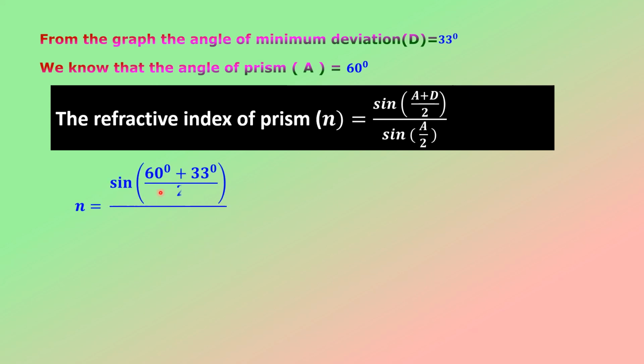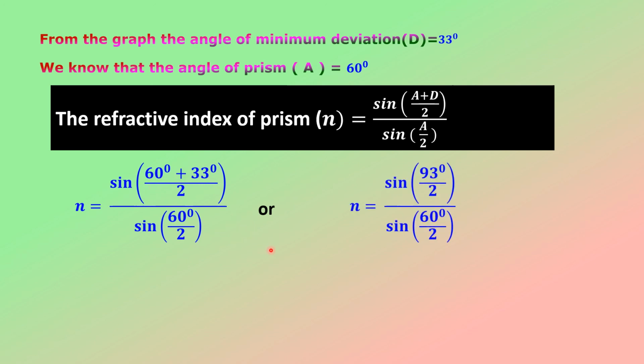So n equal to sine (60 plus 33) by 2 by sine 60 by 2, or n equal to sine 93 by 2 by sine 60 by 2.